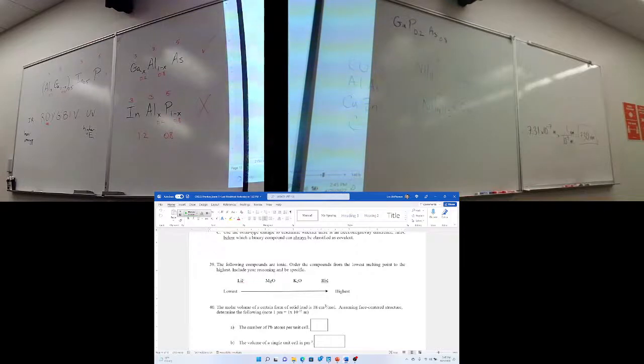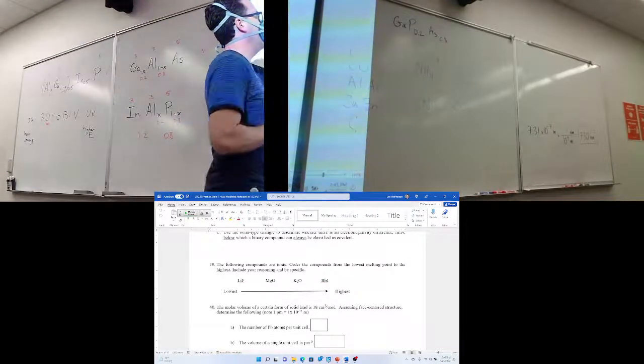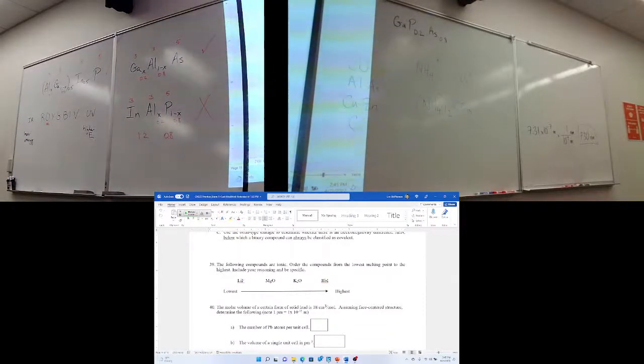So Mg is a +2 ion, O is a 2- ion, Li is a +1, F is a -1. Here we've got a +1 and a -2, so kind of halfway. And RbI is +1 and -1. So that's the strongest. That has the highest melting point. This would be next because it's got a +1 charge with a -2 charge.